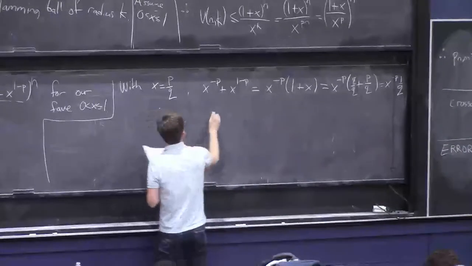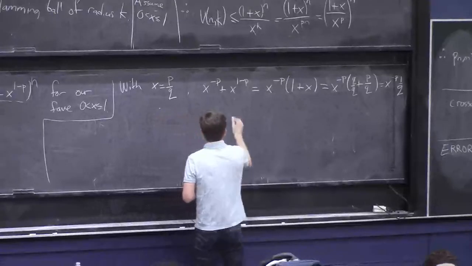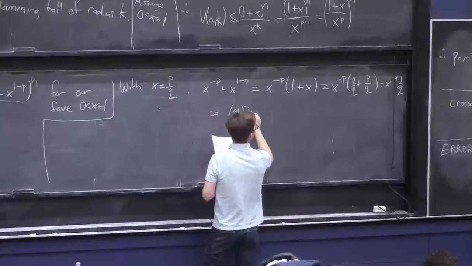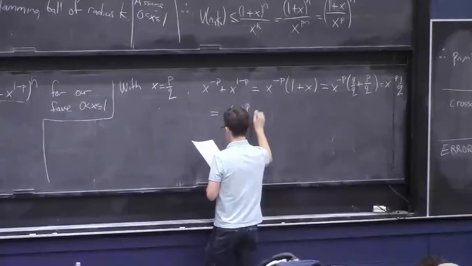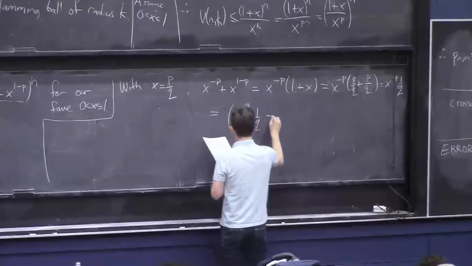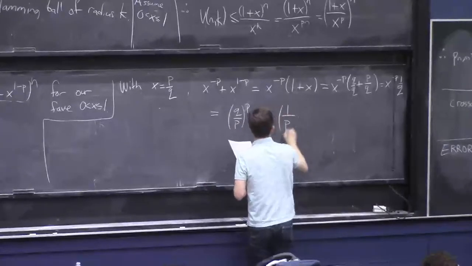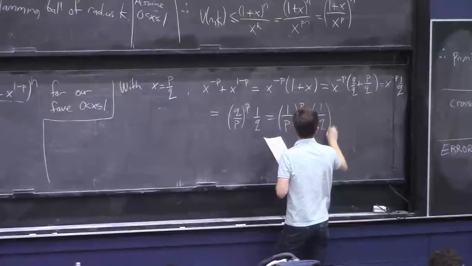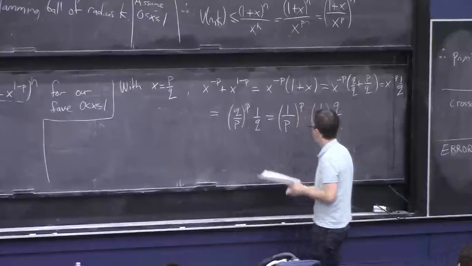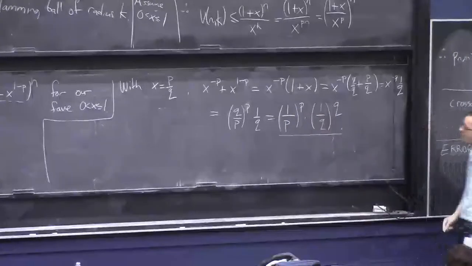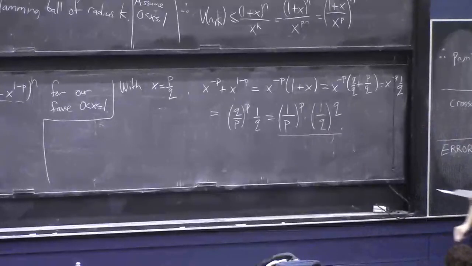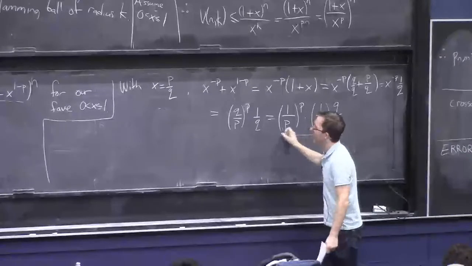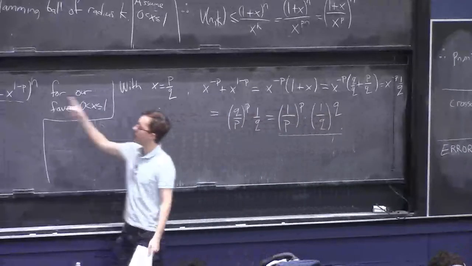So this thing is (q over p) to the p, times 1 over q, which is 1 over p. This is the last step. 1 over p to the p times 1 over q to the q. Which is like an oddly enjoyable looking expression. So I just did arithmetic. This is what you get if you plug this choice of x into here.